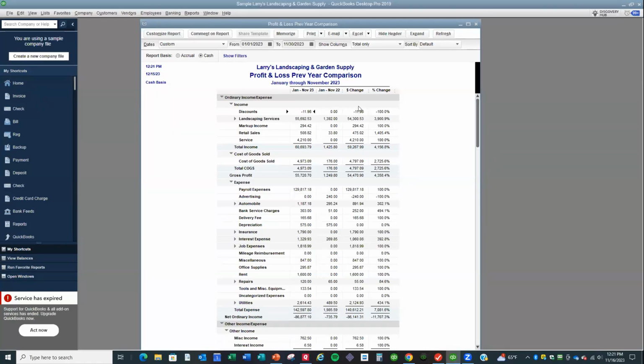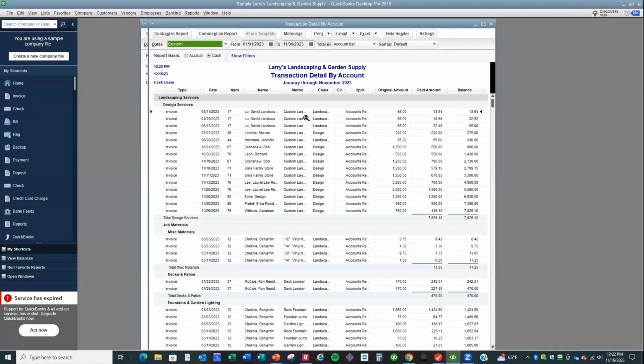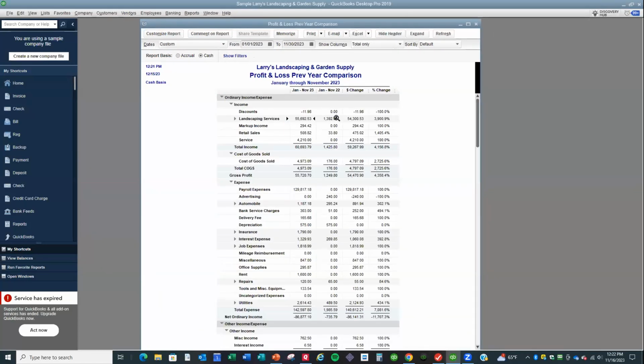But when I'm looking at a company that's been around for this year and at least last year, and I see a big swing like this, landscaping services, there's either got to be a reason for it, and we can drill in on both of them, or the business owner knows why. In this case, maybe they just started landscaping in 23. That would be a legitimate answer. Or, as Karen said, there's something in there that doesn't belong.